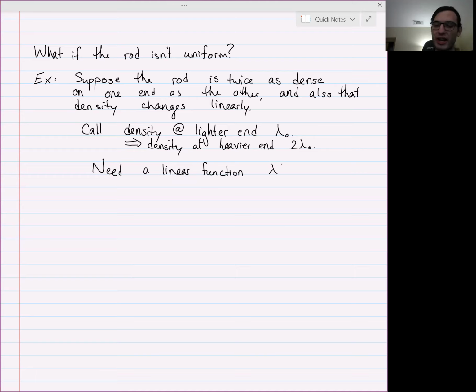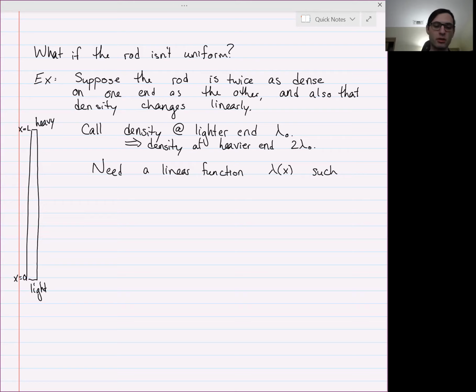Call it lambda of x, such that, and let me draw a picture here. So this is the heavy end. This is the light end. Let's put x equals 0 here, x equals L here. It's going to have the same mass and the same length. I don't know why I drew the lighter end thicker, but I just tried to draw it accurately.